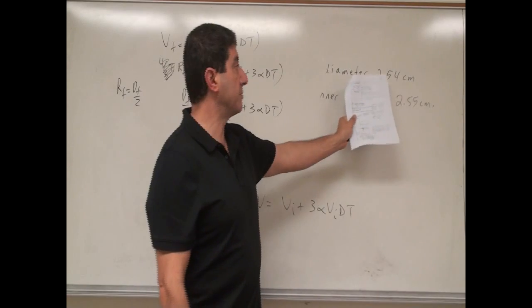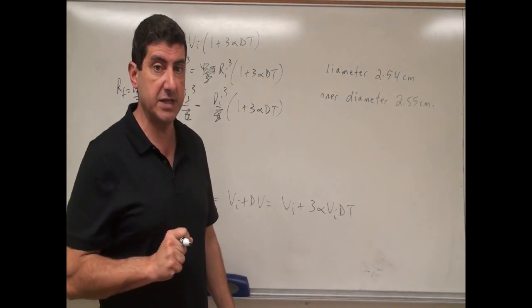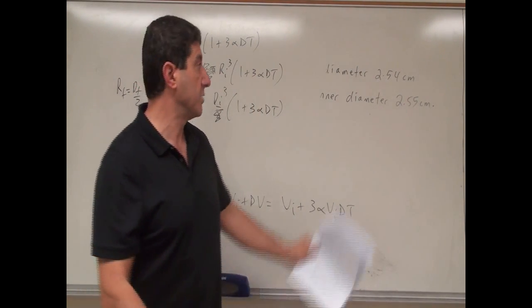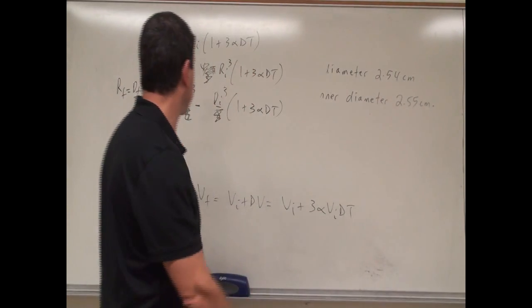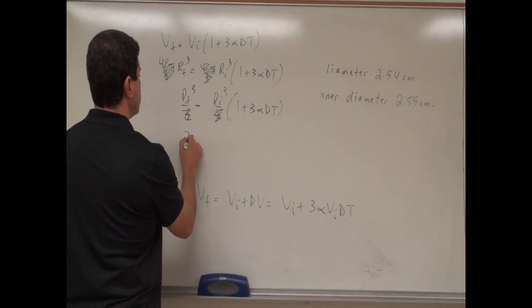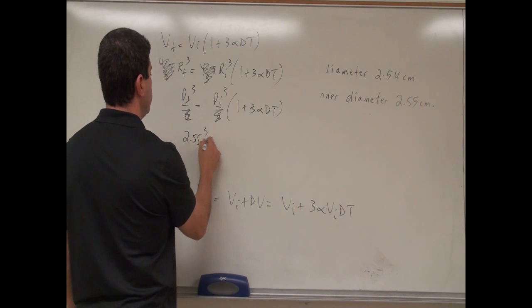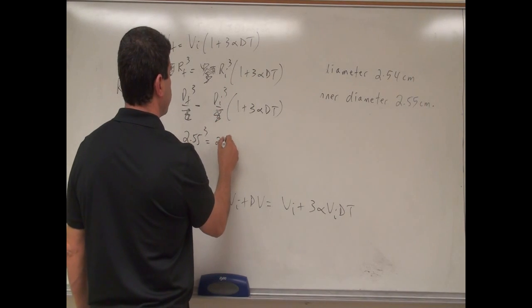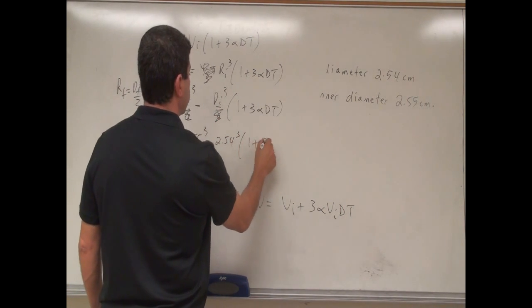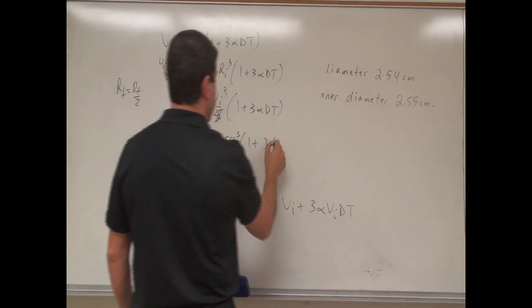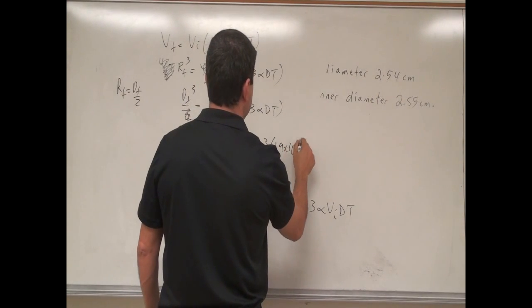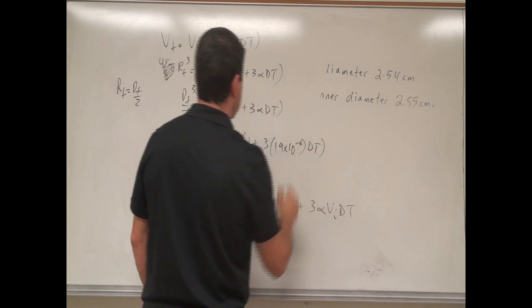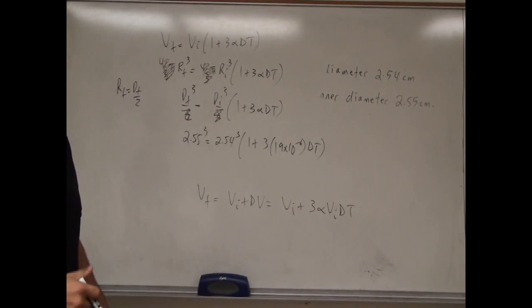If we want the brass ball to barely fit inside of the ring, we want it to have the same diameter, right? So the final diameter should be 2.55 cubed. The initial diameter is 2.54 cubed, times 1 plus 3, and then the alpha is going to be 19 times 10 to the minus 6 times delta T. And then what are we solving for here? The delta T, right?